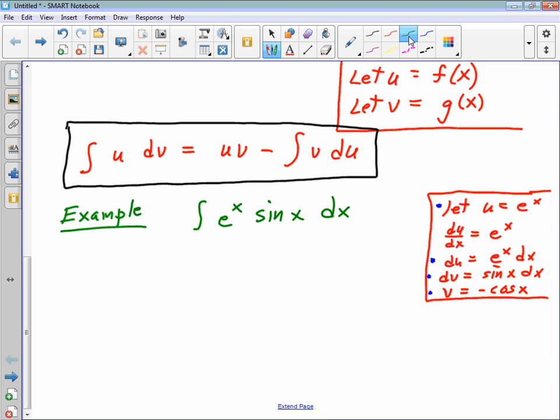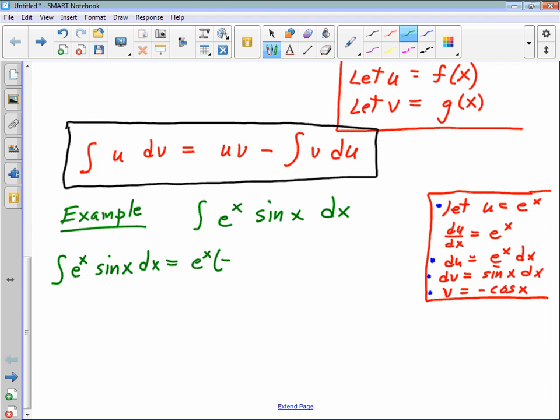So now we've got the integral of e to the x sine x dx equals, okay, so then I need a uv. What was u? E to the x. And then I need a v. What was v? Opposite of cosine x.